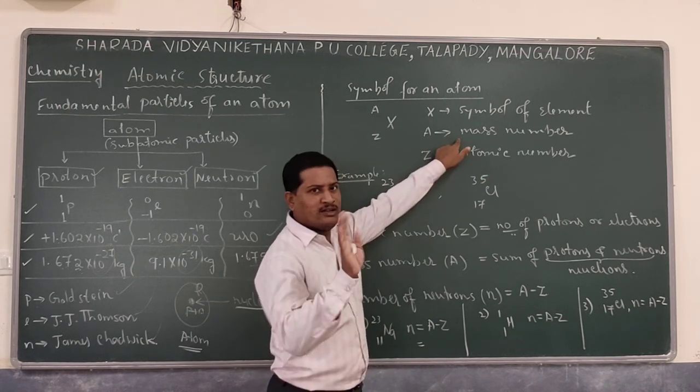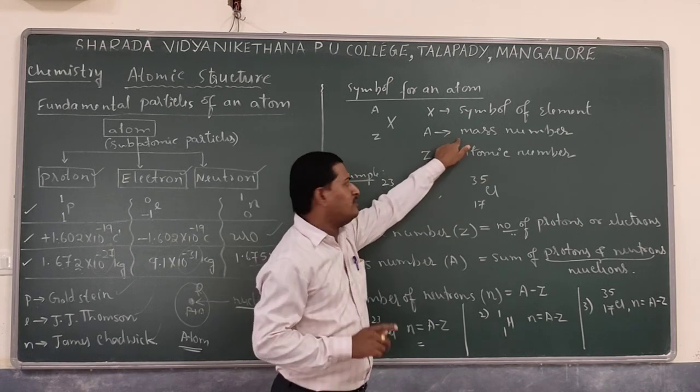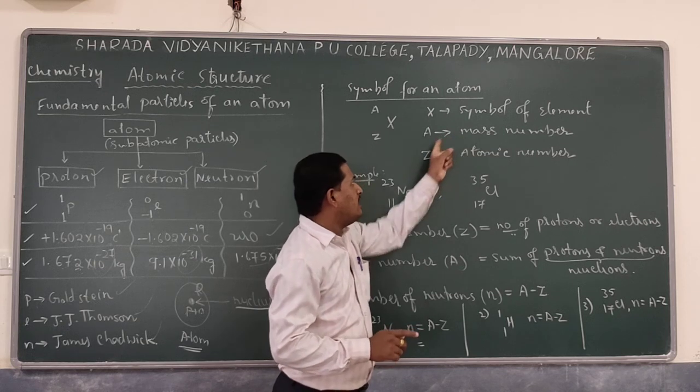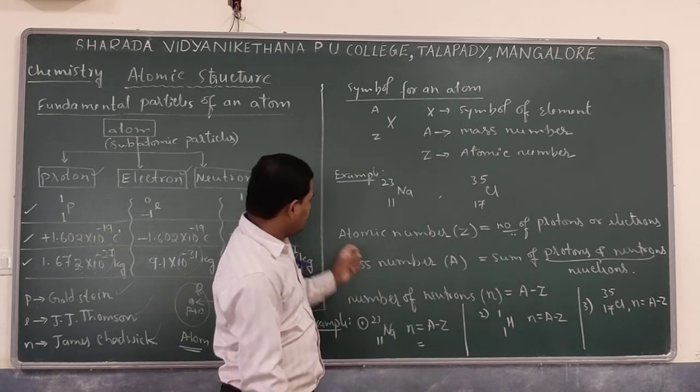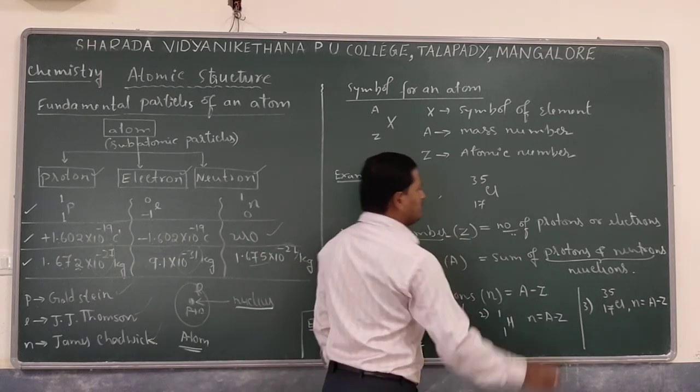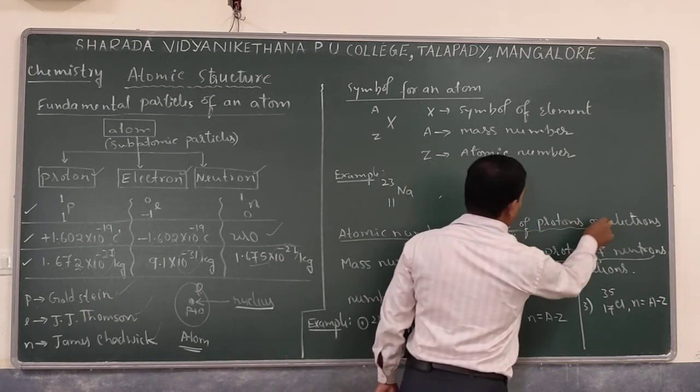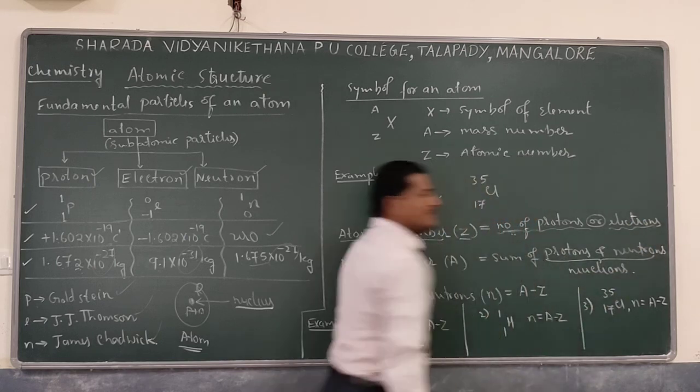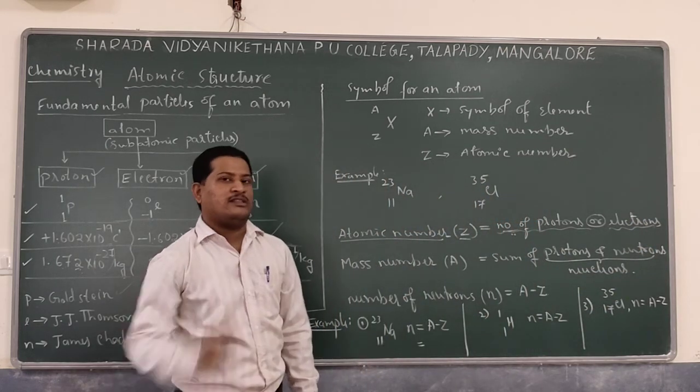Remember, mass number is not the same as atomic mass. So A is the mass number, and Z is the atomic number. What is this atomic number? The atomic number, that is Z, tells about the total number of protons or electrons present in an atom, especially a neutral atom.